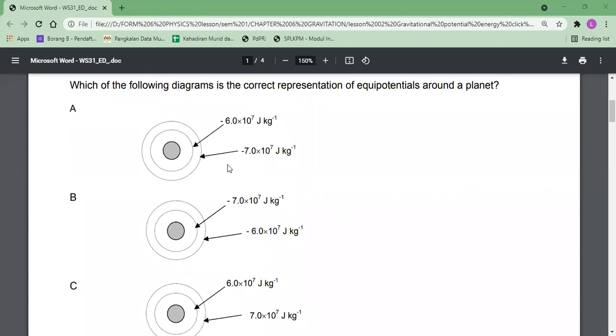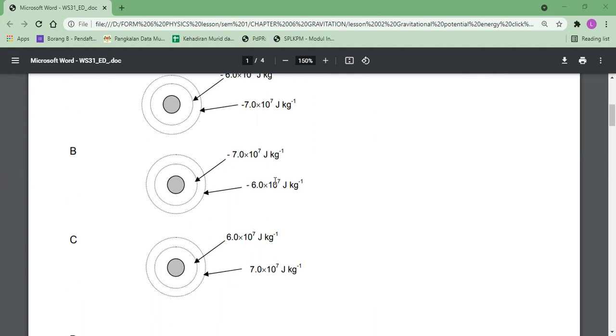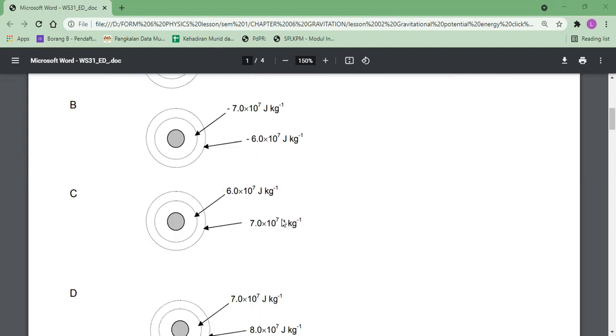Negative shows that there is an attractive force, so there is a direction. In A, 6 and 7, the further is 7, so A is wrong. In B, the nearer is 7 and further is 6. Looking at the others, positive, positive is wrong, because the gravitational potential is negative. So the answer is still B.